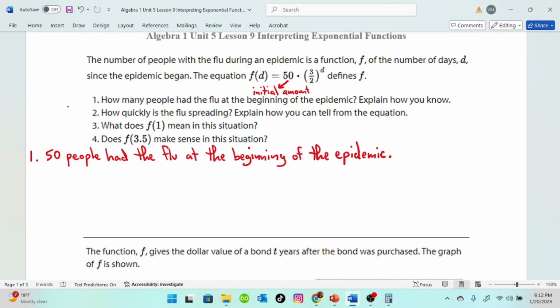Question number 2. How quickly is the flu spreading? Explain how you can tell this from the equation. In the equation, the number that has the exponent is the growth factor.